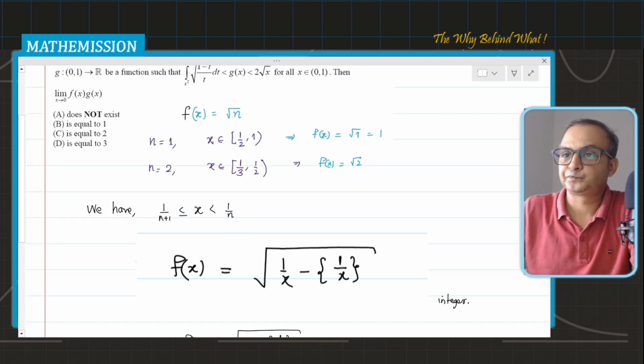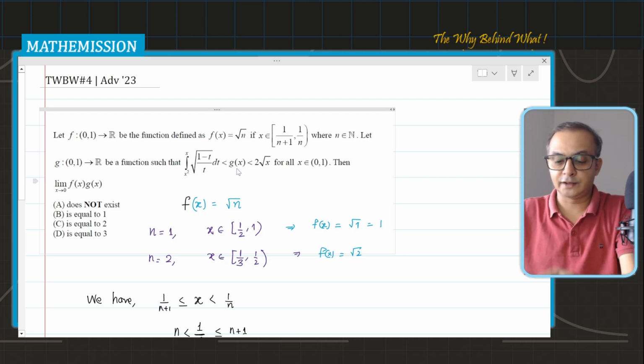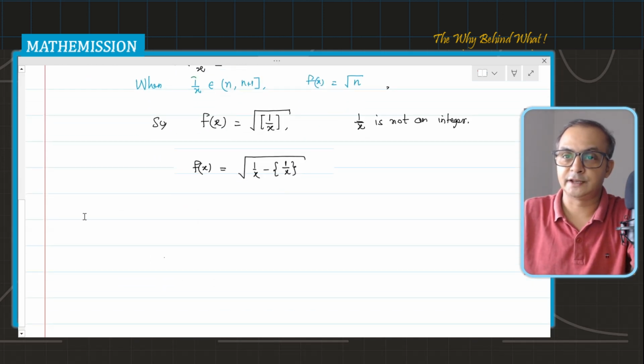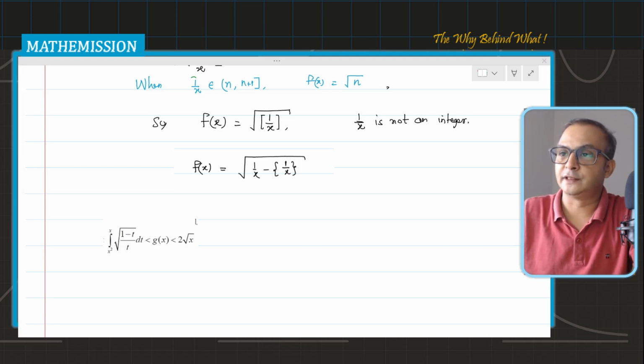You notice I have this gx given with this inequality, and let me just take this from here and paste it somewhere. So I have this inequality for gx, and I have to deal with that.